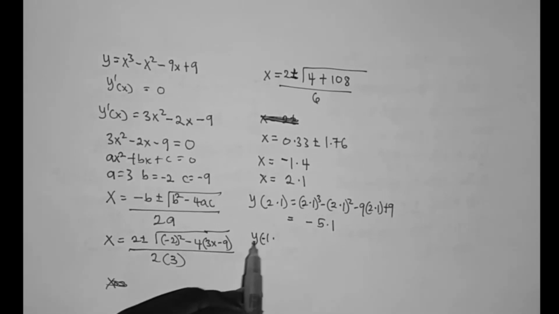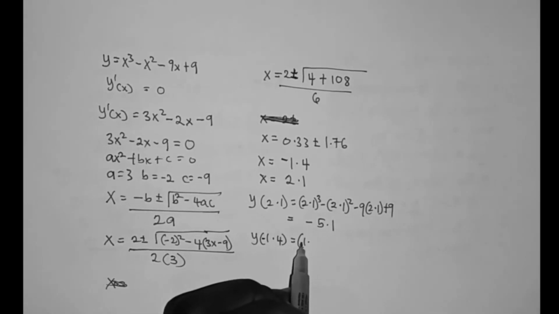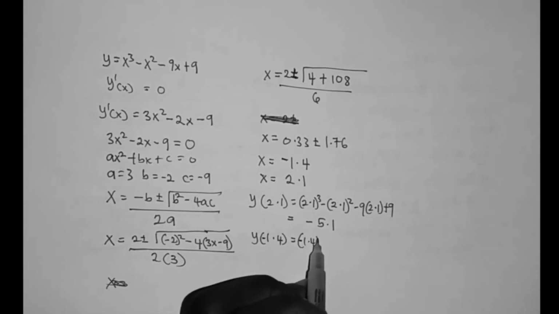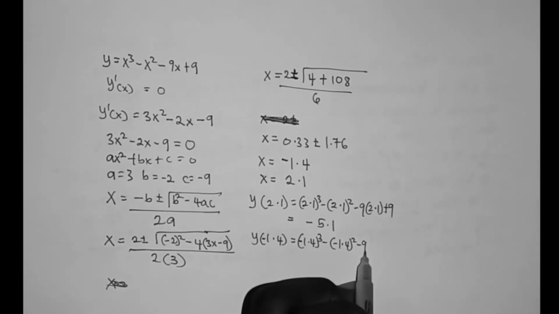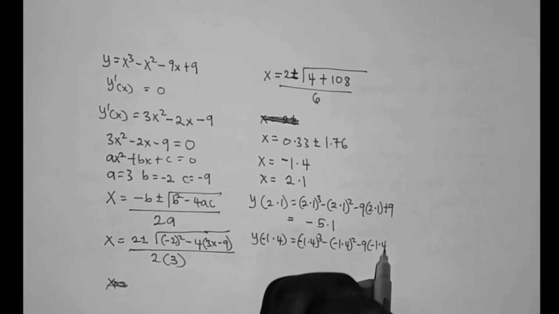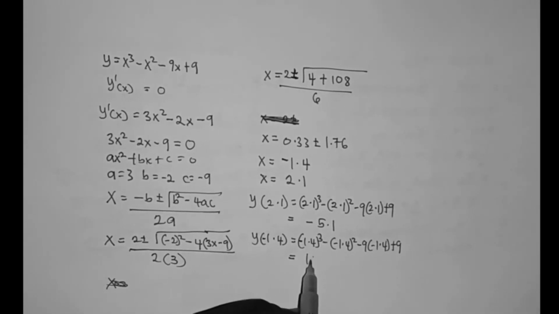Let's also go ahead and find y of minus 1.4. And this is equal to minus 1.4 cubed minus 1.4 squared minus 9 times minus 1.4 plus 9. And this is equal to 16.9.